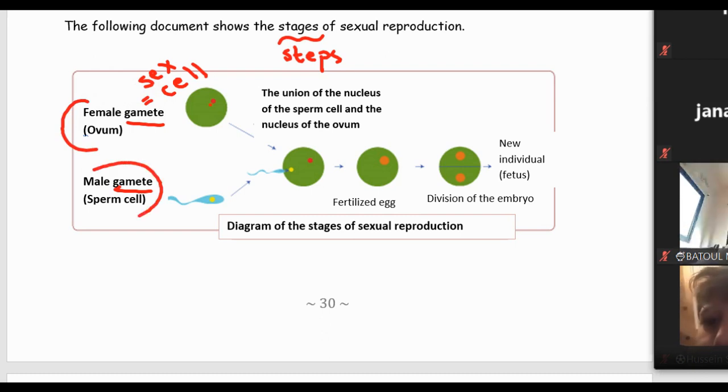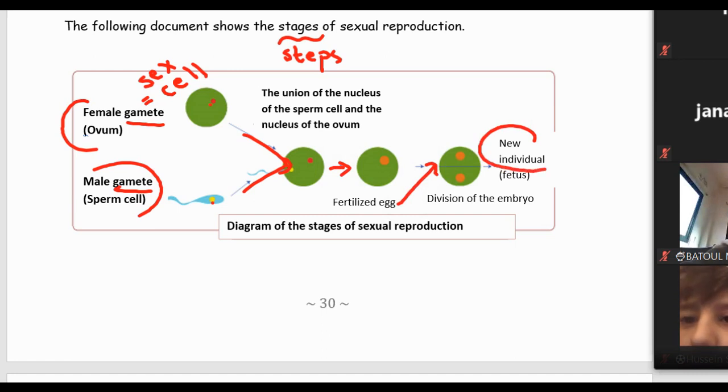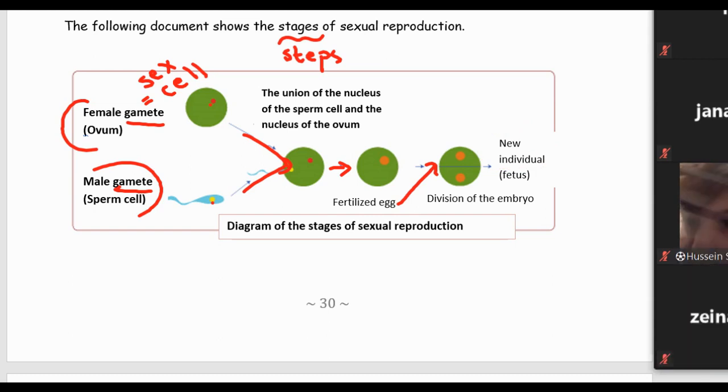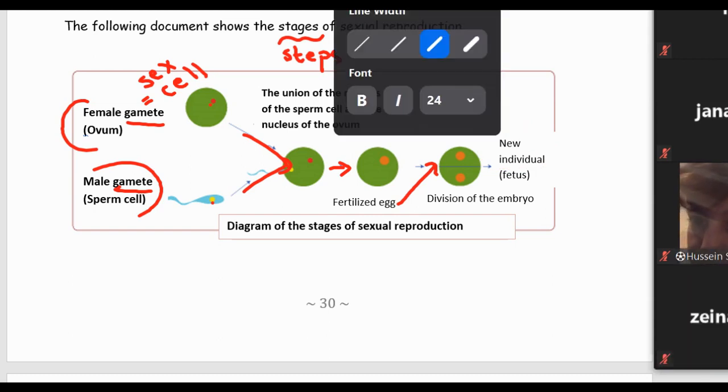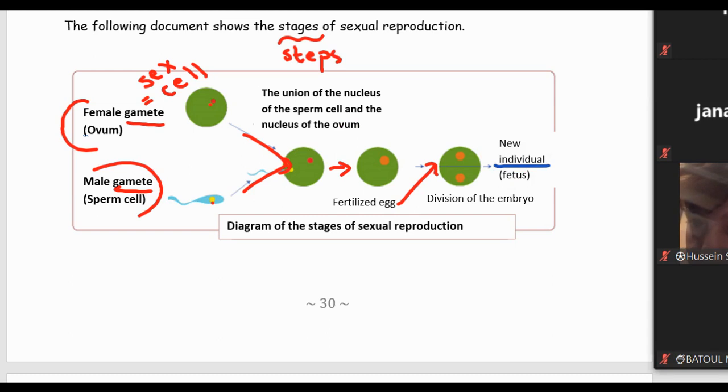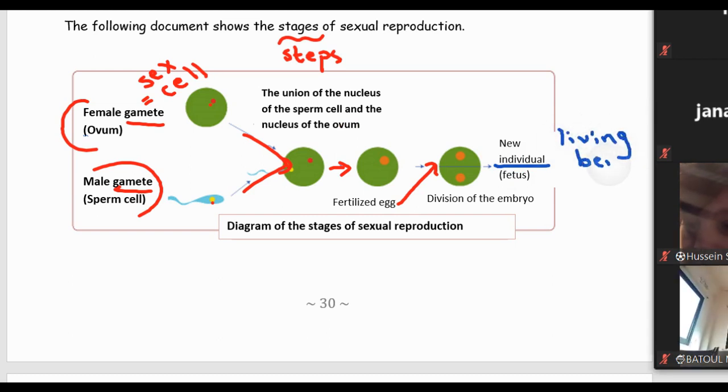These two cells unite or meet in the nucleus to give a fertilized egg. This fertilized egg will develop into a new individual. New individual means new living thing or a new living being.